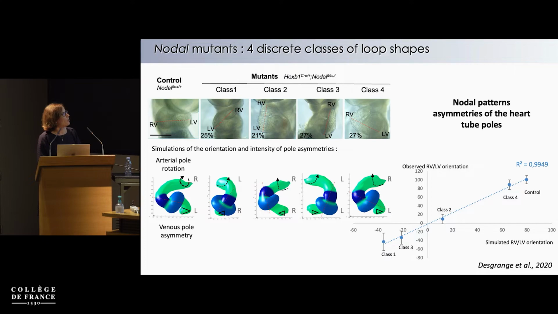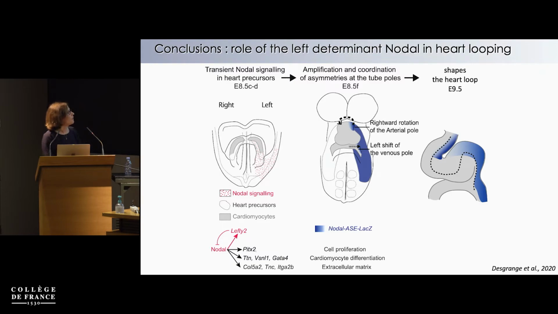So nodal is very important to pattern the precursors of the heart to orient and amplify asymmetries at the heart tube poles. This is a graphic summary. Nodal is transiently expressed to regulate asymmetries at the poles, which are important to shape the heart loop.